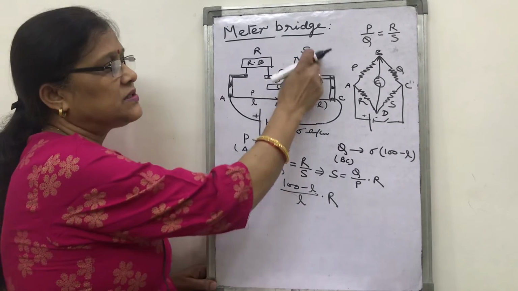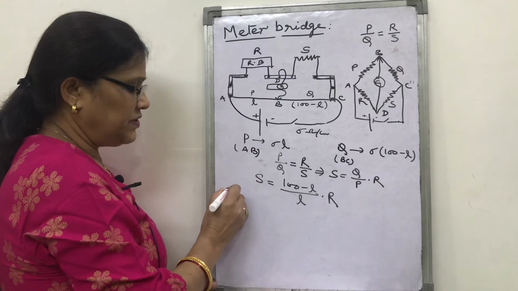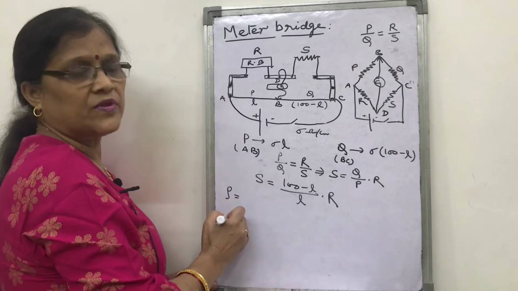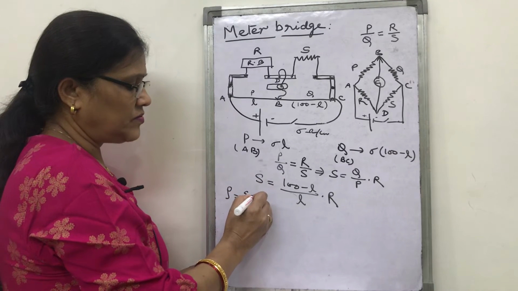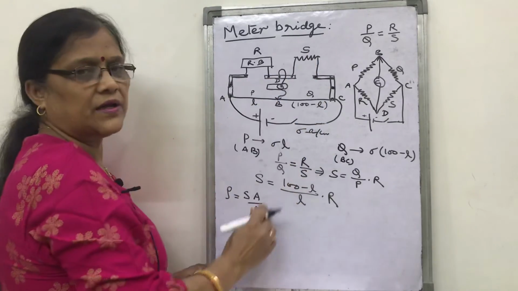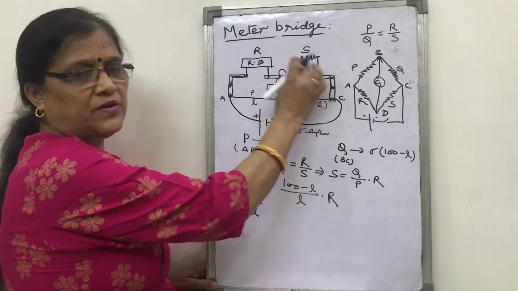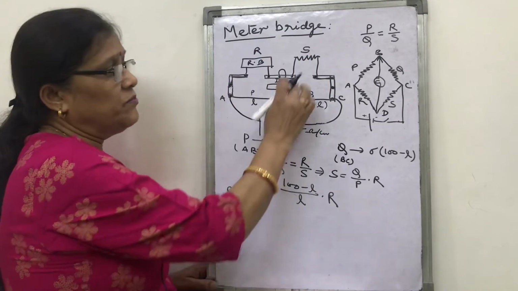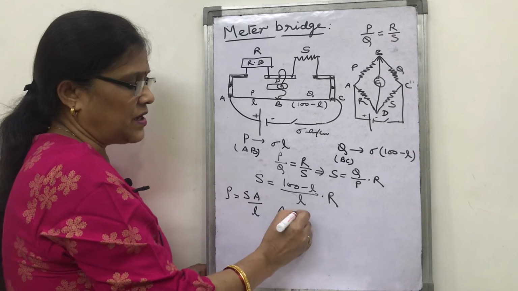To determine its resistivity, you know resistivity is given by resistance S into area of cross section upon length of the wire. I told you that if you have measured the length of the wire, then measure the radius also, because here the area A will be pi r square.